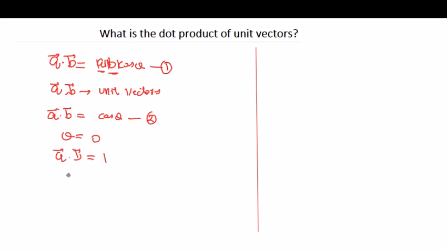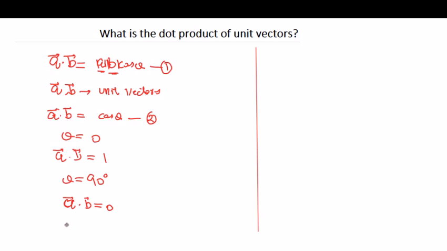If theta is equal to 90 degree, then dot product between two unit vector will be equal to 0, because cos 90 is equal to 0.